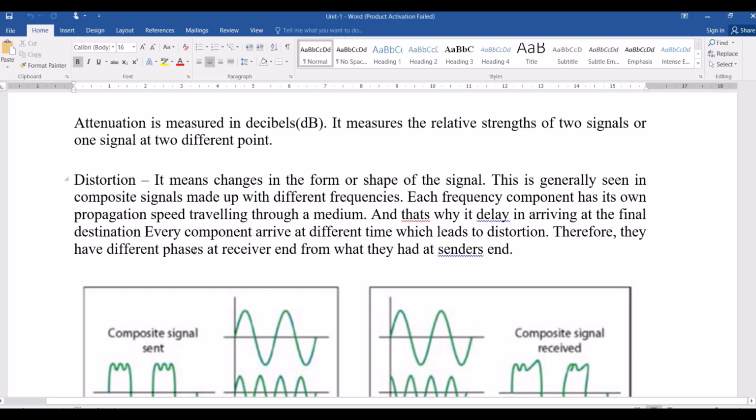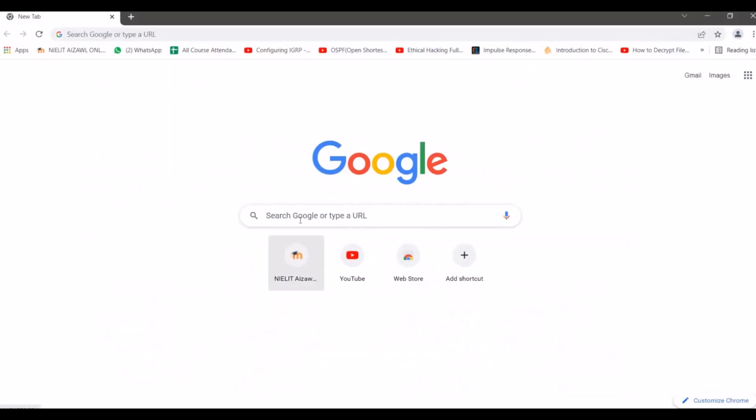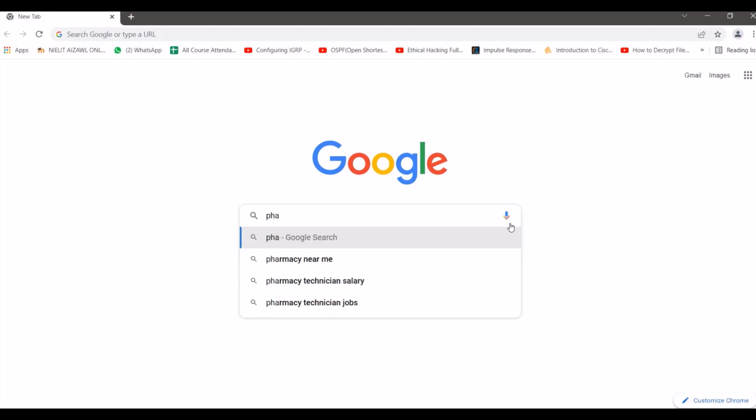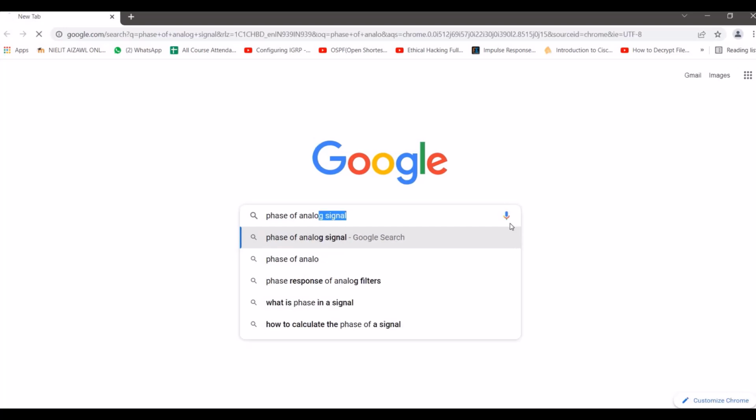Phase means, if we say this composite signal is an analog signal, then each and every analog signal has a phase. Let me show you on the internet. Phase of an analog signal.